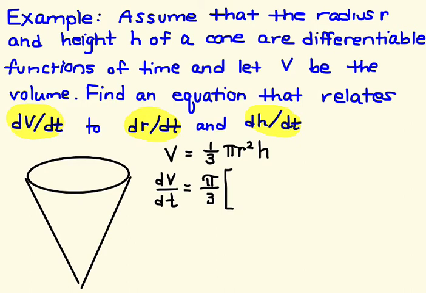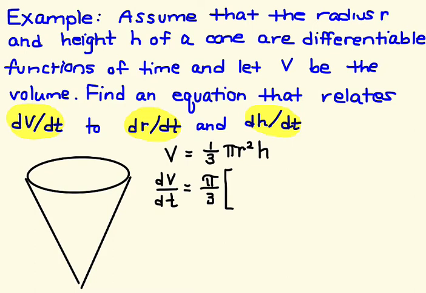So we have to take the derivative of r squared h with respect to time. And this is the product rule. It's the first times the derivative of the second plus the second times the derivative of the first, right?